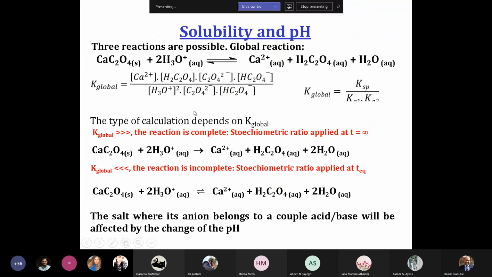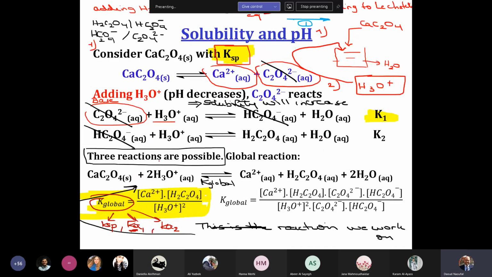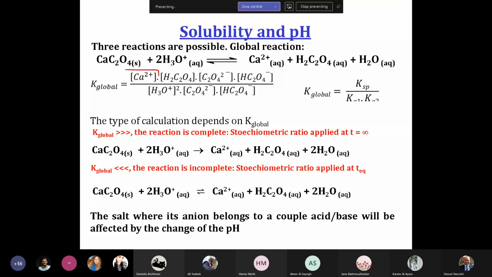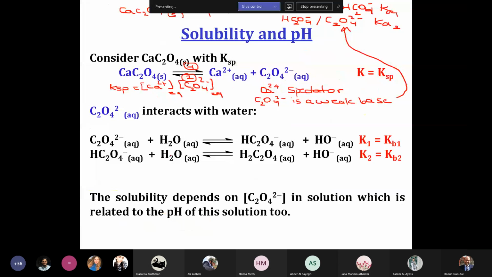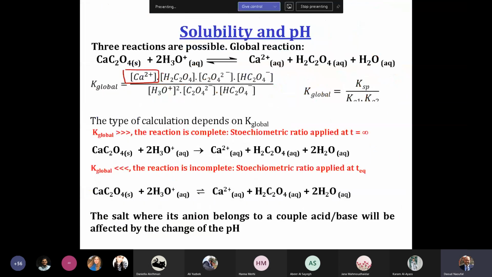What to do? K global equals Ca2+ times H2C2O4 divided by H3O+ squared. So I have to multiply.